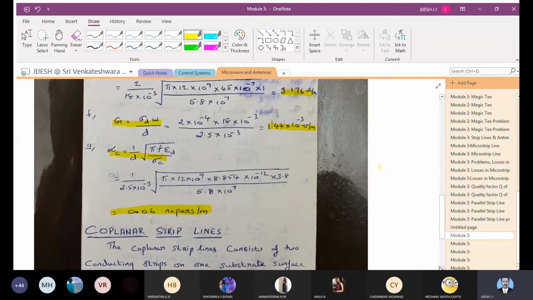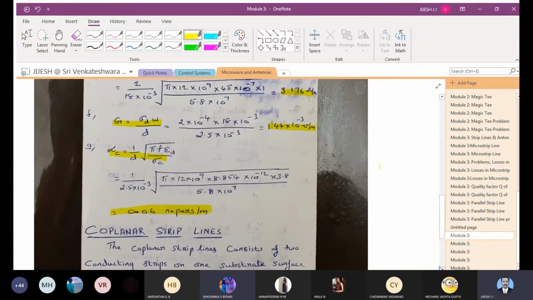So alpha C you have to do it as 1 by d root of pi f epsilon d by sigma C, and you have to substitute the values. You'll get 0.06 Nep per meter. Have you all completed this? We'll go with coplanar strip lines.